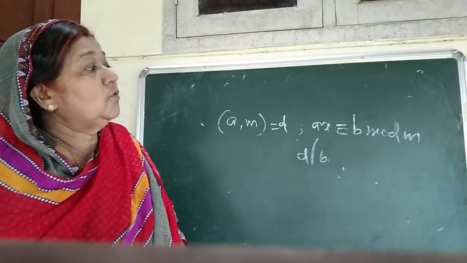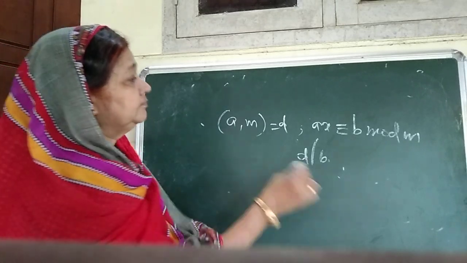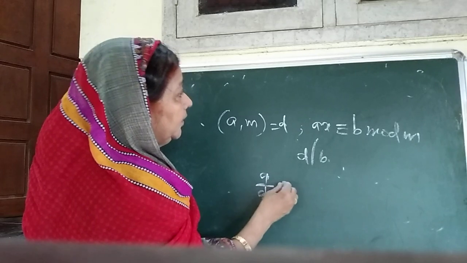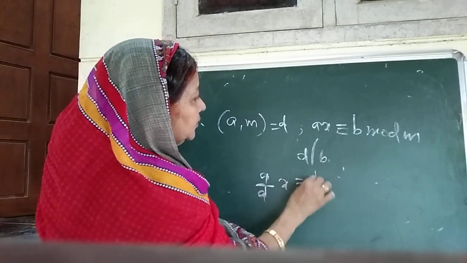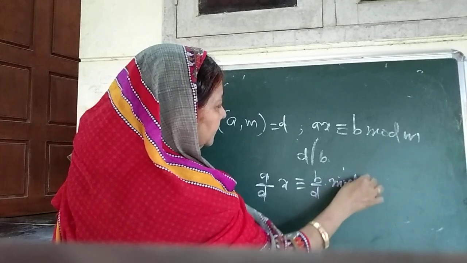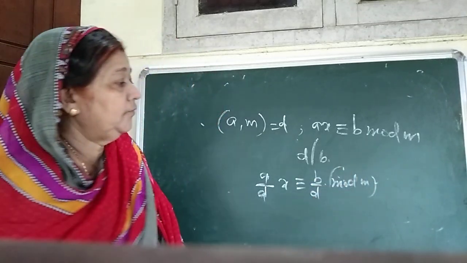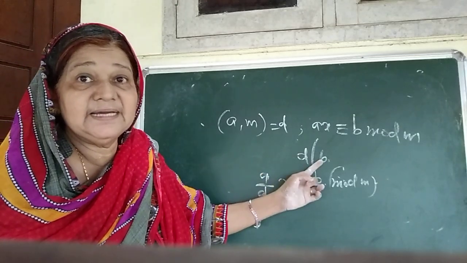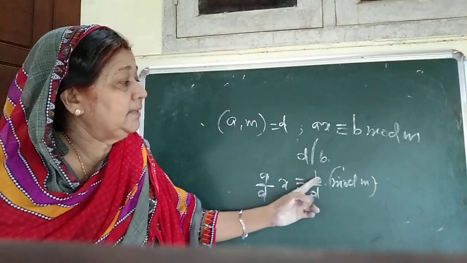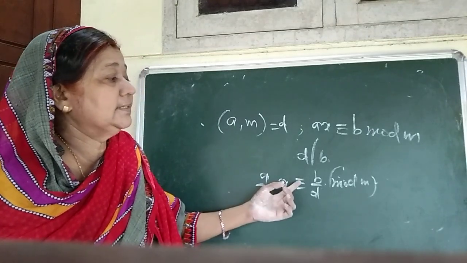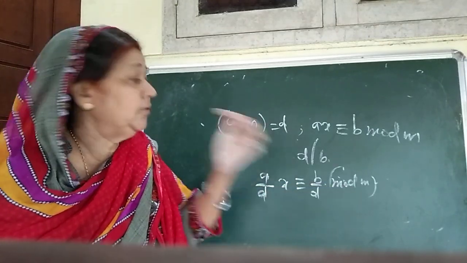Since ax is congruent to b mod m, a by d into x is congruent to b by d mod m, if b by d is an integer. But we are given that d divides b, which means b by d is an integer. Therefore, a by d into x is congruent to b by d mod m.